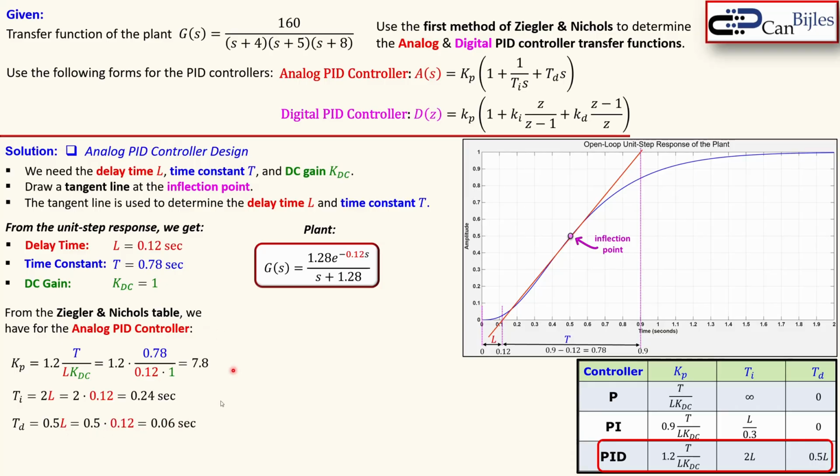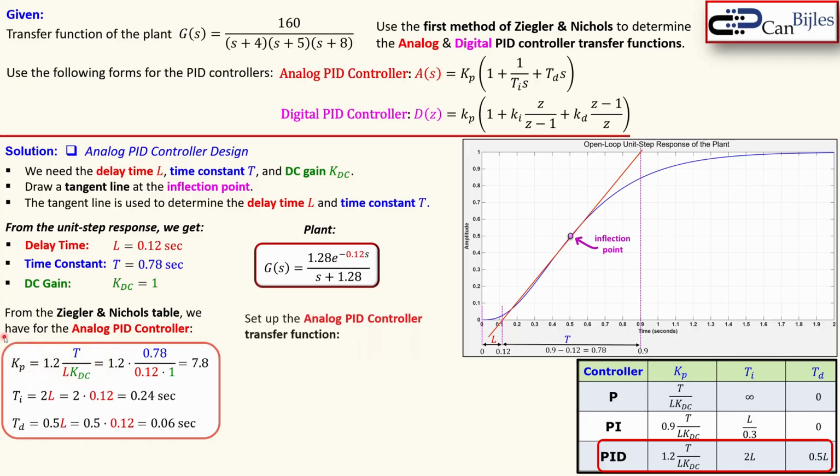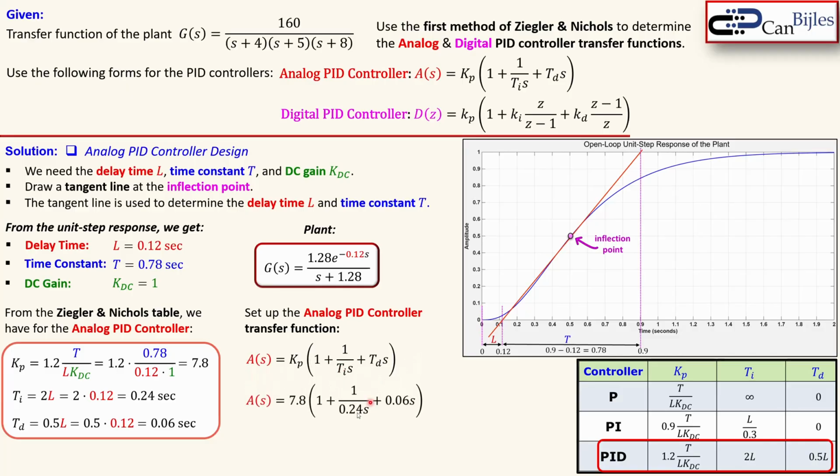So we have now the parameters all together here, and now we can set up our analog PID controller transfer function as shown here. So Kp, Ti and Td. Here we go. So 7.8 here, 0.24 here, and 0.06 here. So all from these calculations. You can also convert this expression into a form where you see the fraction and clearly also the pole at the origin.